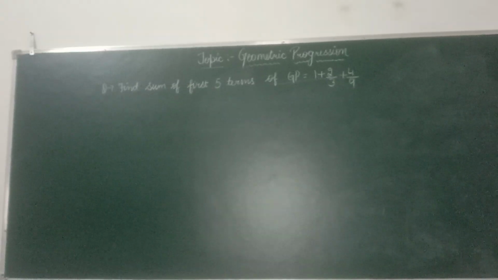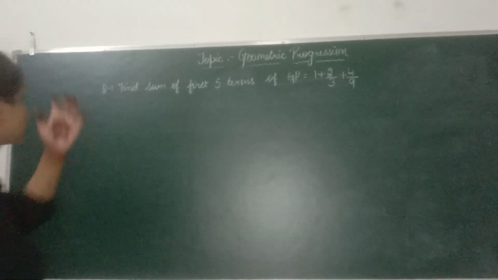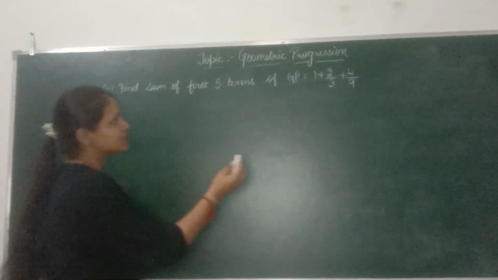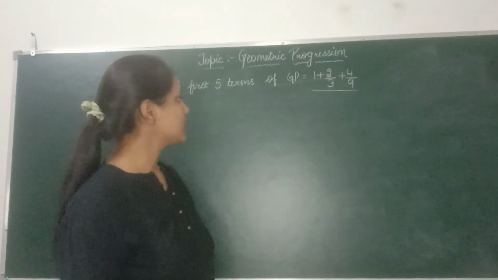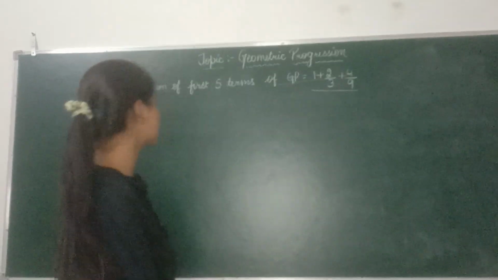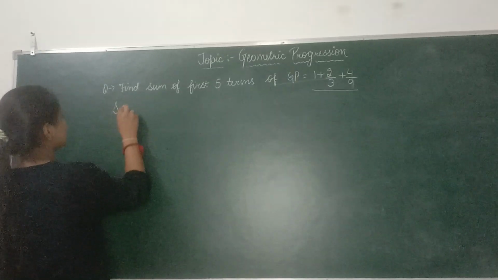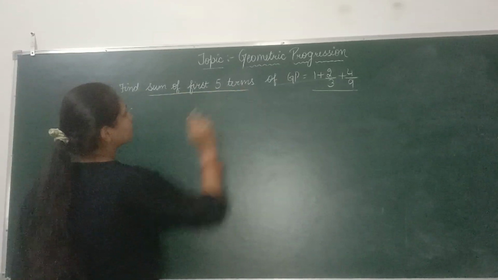In this question, we have to find the sum of the first 5 terms, and the GP given is 1 plus 2 by 3 plus 4 by 9. You have to calculate the sum of the first 5 terms.